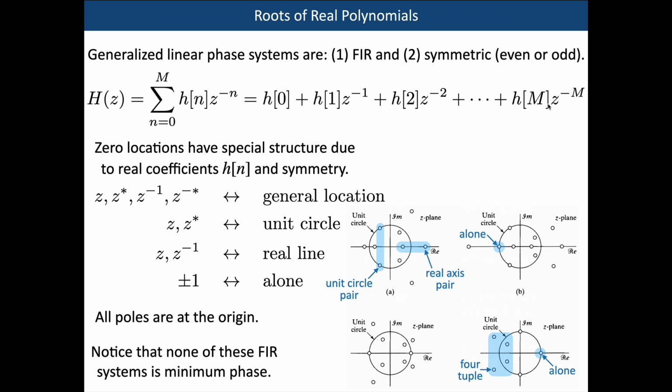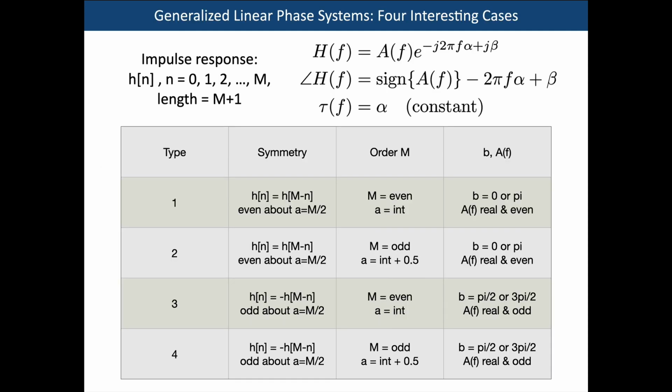How many coefficients does it have? That's M plus 1. So the length of the filter and the order differ by 1. The length is 1 more than the order of the filter.